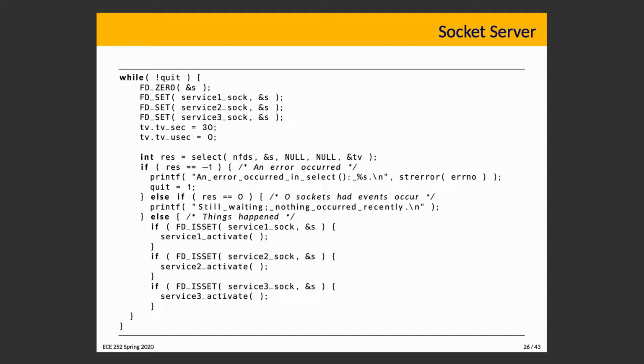So I wrote in here that if result is 0, it means that no events have occurred recently, but I've set up a little printout here to the console, printf saying still waiting, nothing has occurred recently, which, if you were taking this code and running it, would give you reassurance that the system isn't frozen, nothing is stuck, nothing bad has happened.